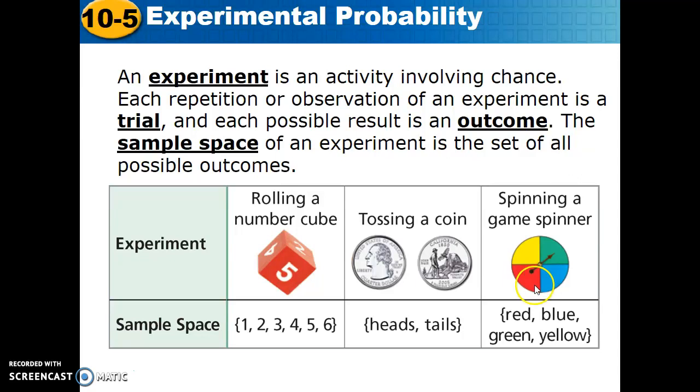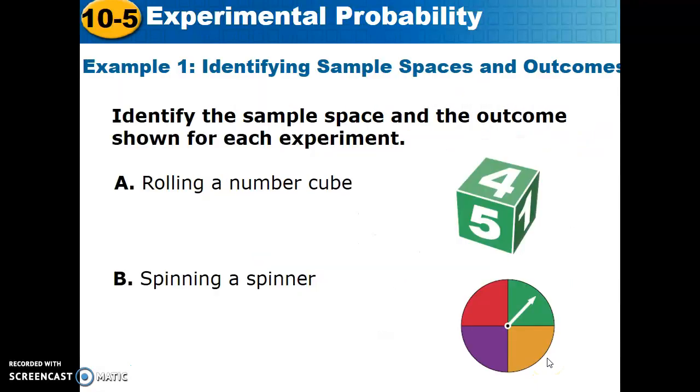Rolling a number cube, the sample space, all the possible outcomes, are listed here, 1 through 6, unless you have a different type of cube or a different type of die. Dice is plural. Tossing a coin, we have two outcomes in the sample space, either heads or tails. And spinning this spinner, we have 4 equal outcomes: red, blue, green, and yellow.